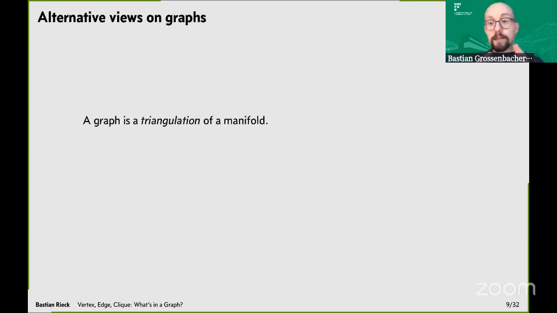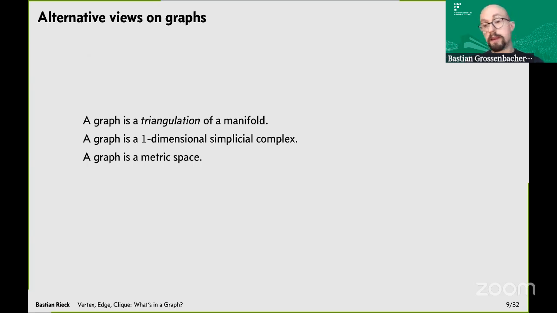In any case, there are some alternative views we could take on these graphs, and I have added these little swords here because there are some slides in this talk, maybe not all of them, but some of them that I consider to be a little bit controversial, and this might be one such slide. You could say that a graph can also be considered a triangulation of a manifold. You could also say that a graph is a one-dimensional simplicial complex.